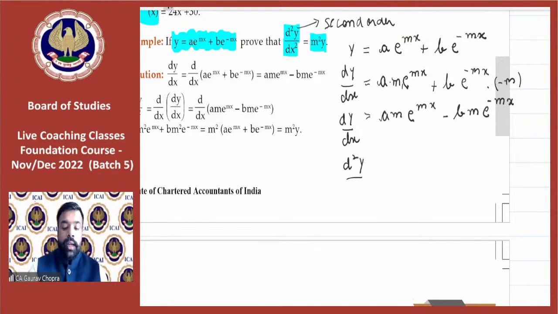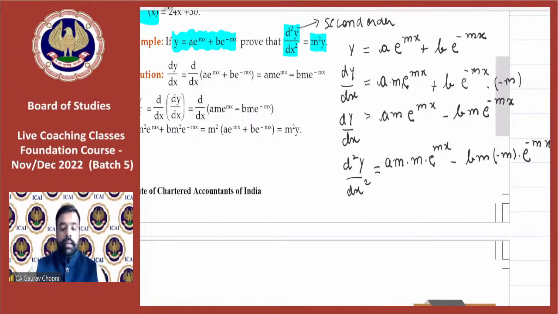So d2y by dx square. Now this time what will happen? am will remain as it is. Now again e to the power of mx, it will be m multiplied by e to the power of mx, minus bm will remain as it is, minus m multiplied by e to the power of minus mx.